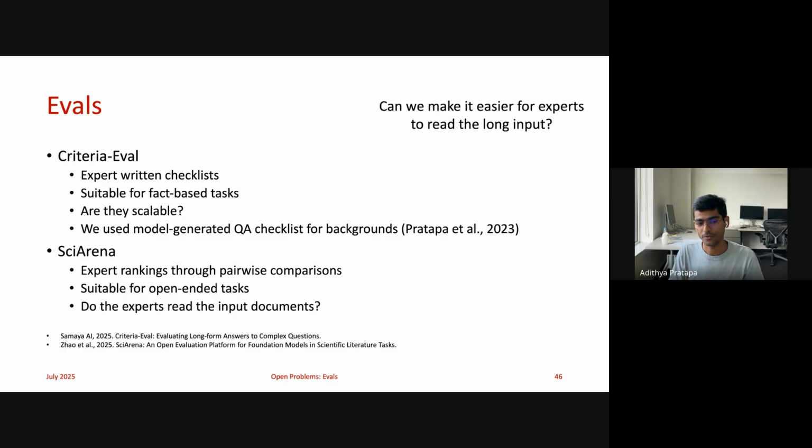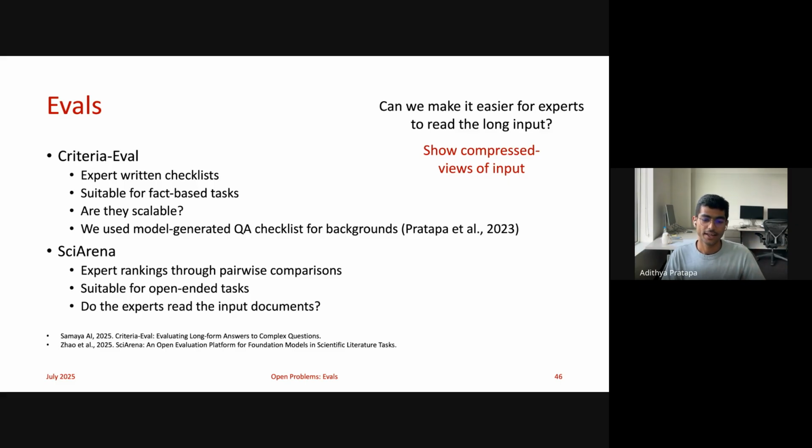One thing we could do to make this better is, can we make it easier for experts to read a long input? There has been some work from UMass on this specifically for book summarization. But if you want experts to rate summaries from, let's say, any collection of 100,000 tokens, the only way I think we can make this happen is, instead of showing full inputs to the expert, we show compressed versions of the input.